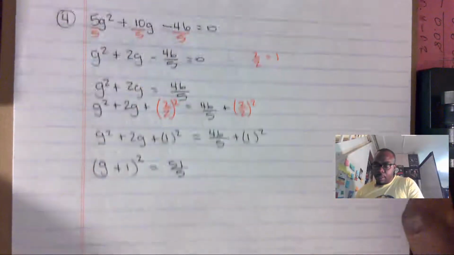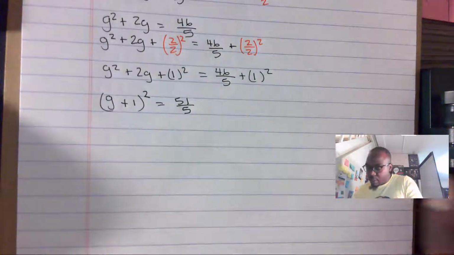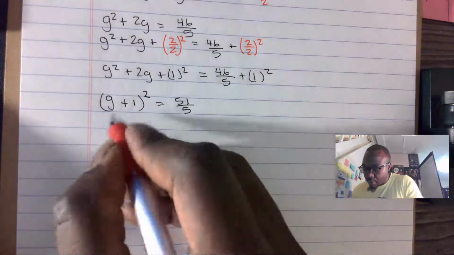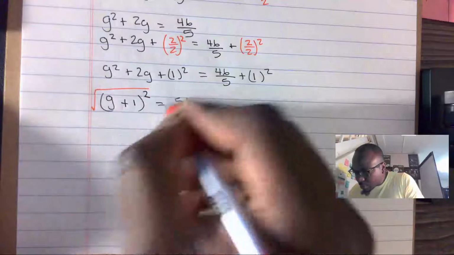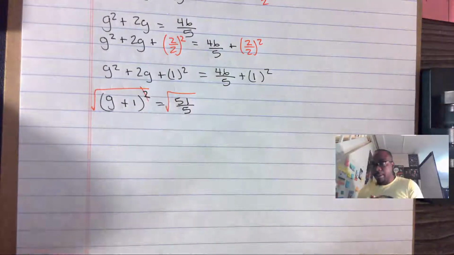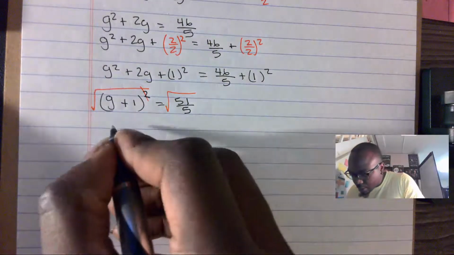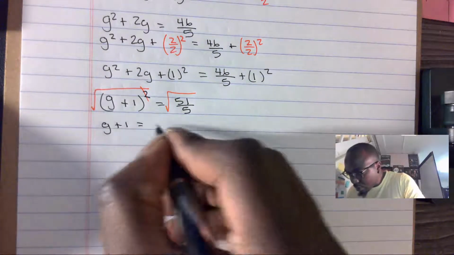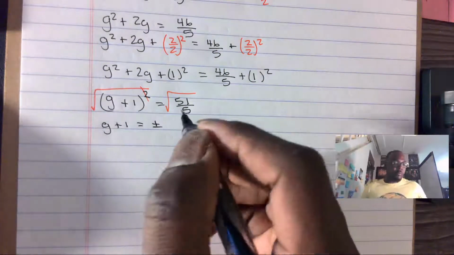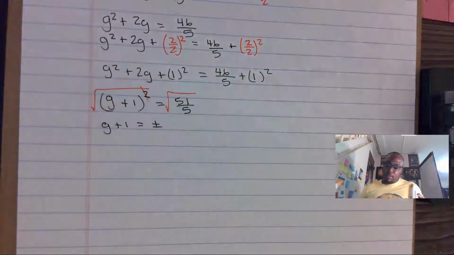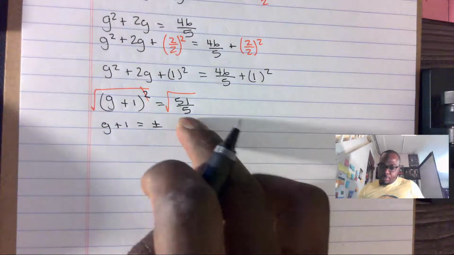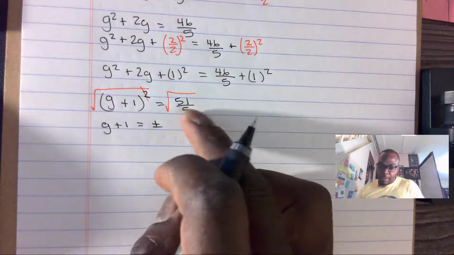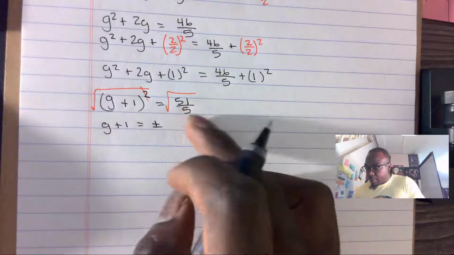But we still are trying to get to g, so we take the square root of both sides. So g plus 1 equals plus or minus the square root of this, and I have to figure out what that is.